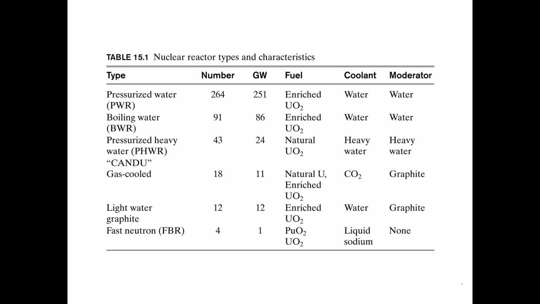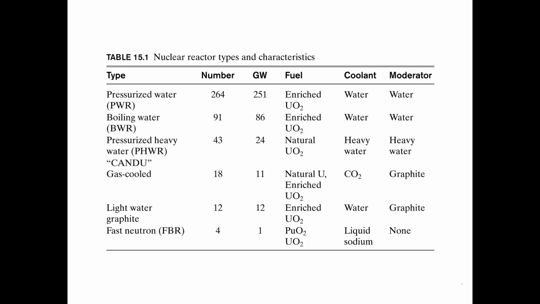So there are pressurized water, boiling water reactors, pressurized heavy water reactors, gas-cooled reactors, as well as light water graphite and fast neutron. The most abundant is pressurized water, which numbers about 264, and together they produce a total of about 251 gigawatts.